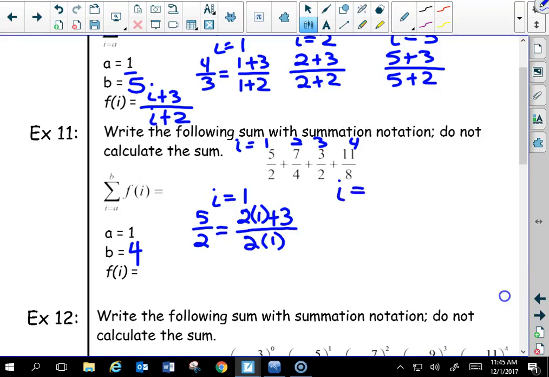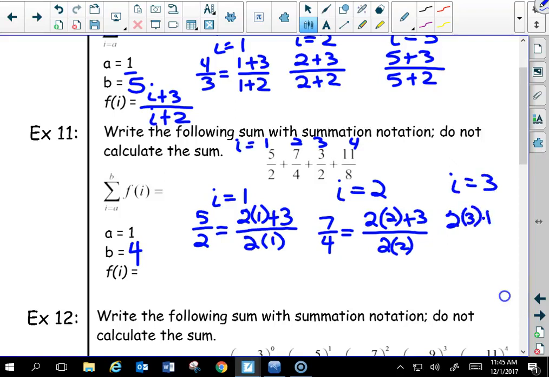Let's take a look at I equals 2, and is 7/4 equal to, let's say, 2 times 2 plus 3 over, yeah, there's my 7 in the numerator, times 2 times 2. It sure is. So what's going on here is, let's look at I equals 3. We get 2 times 3 plus 3 over 2 times 3.